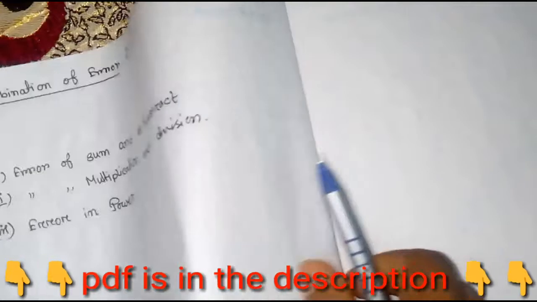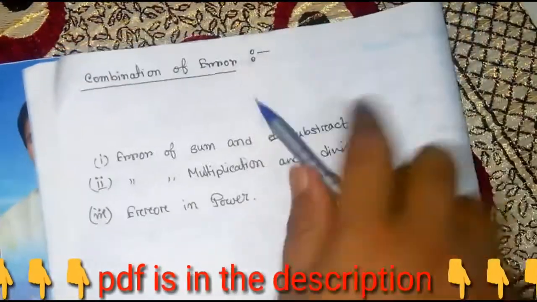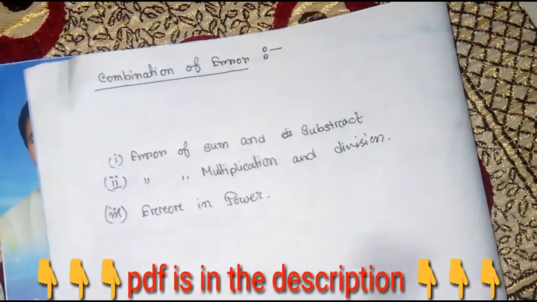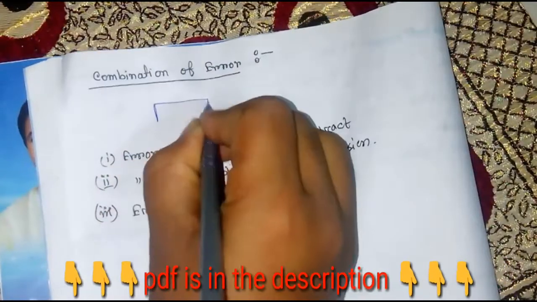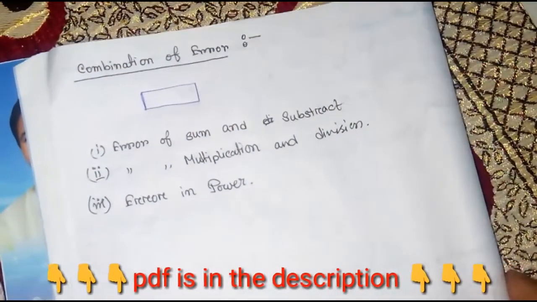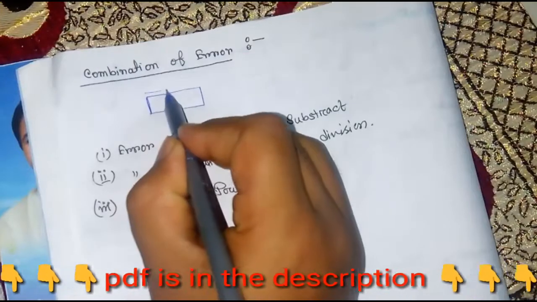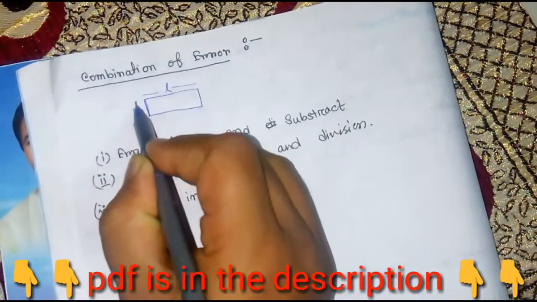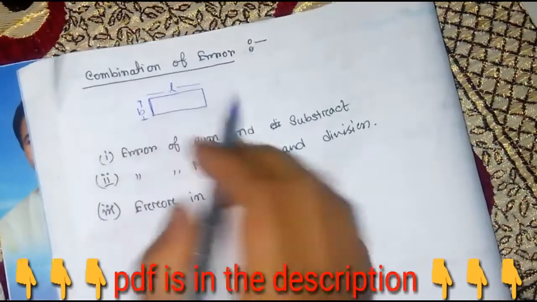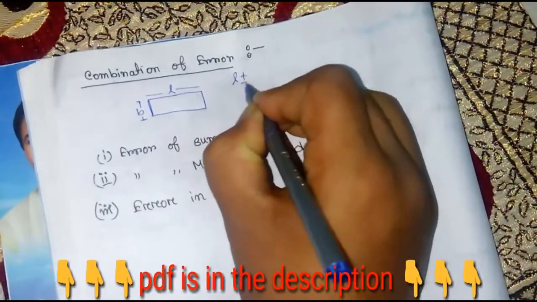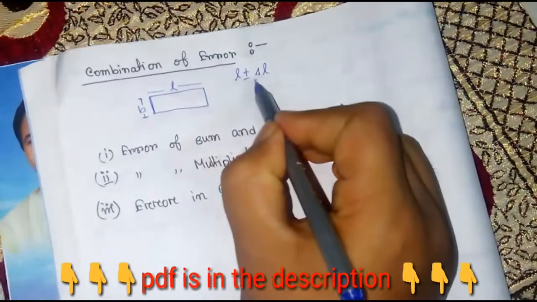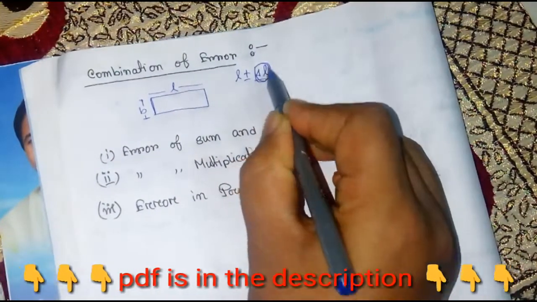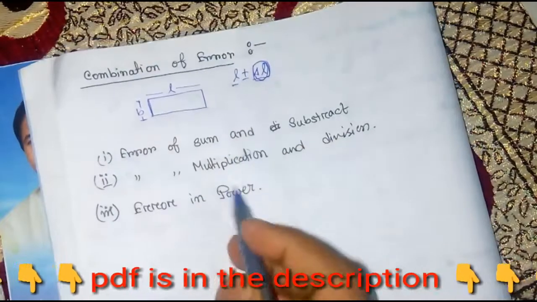Let's see the combination of errors. Suppose we have to measure the area of an object. The length is L and the breadth is B. Suppose the length has an error, L plus minus delta L. This is the error, and this is the actual value.